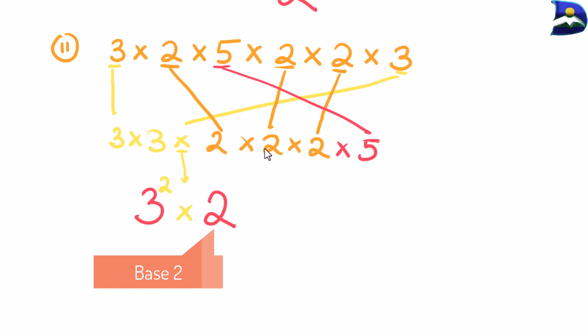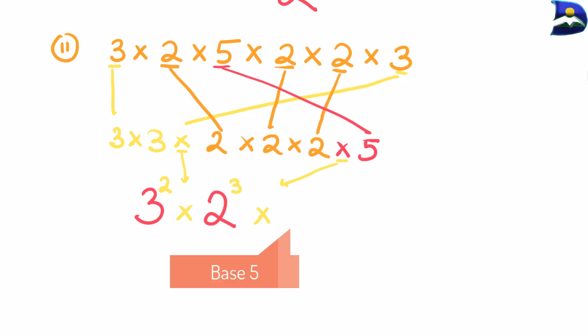That means I have 1, 2, 3, and that means I'm going to write my exponent right above as 3 because there are 3 of them. Finally I'm going to multiply times, don't forget the times here, times what? 5, and that means I have how many 5s here? 1.